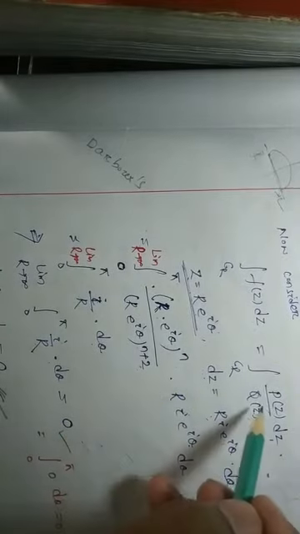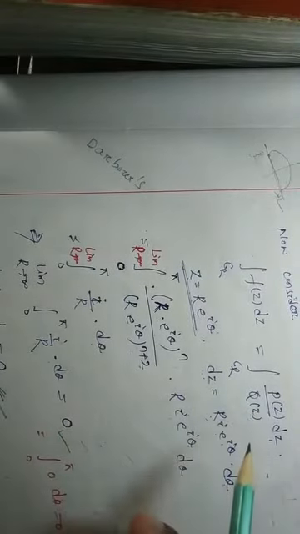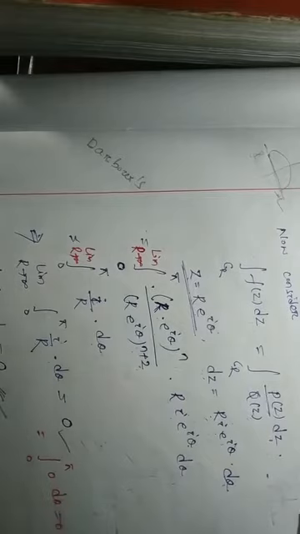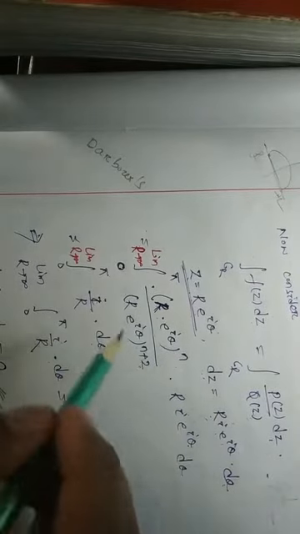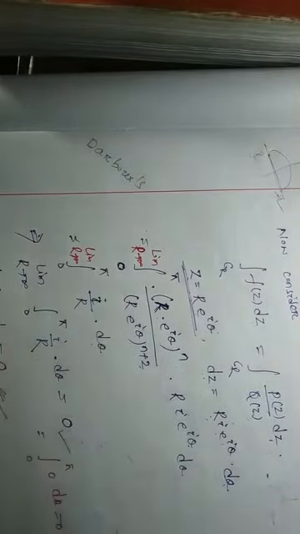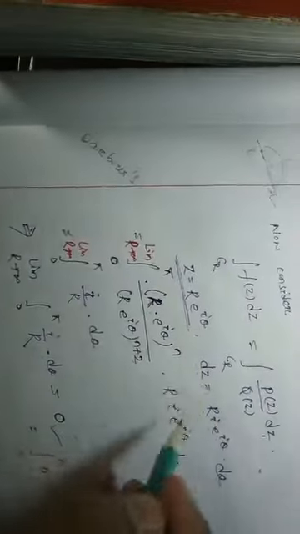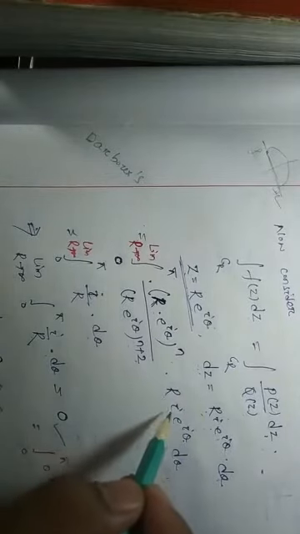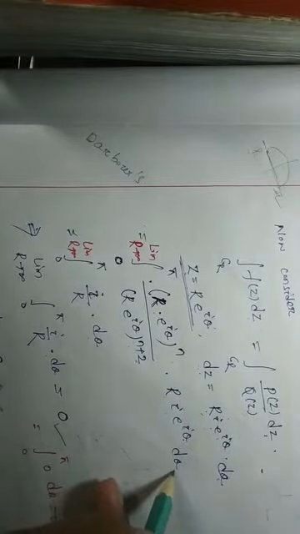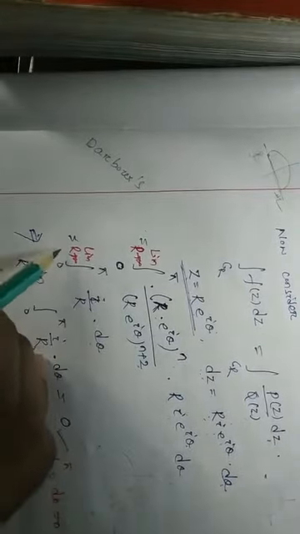Hence, as Q(z) is at least 2 degrees greater than P(z), Q(z) can be written as r e to the power i theta, to the power n plus 2. And dz we can write as r i e to the power i theta d theta. Okay, limit r tends to infinity.